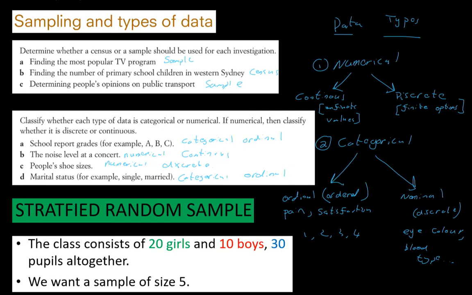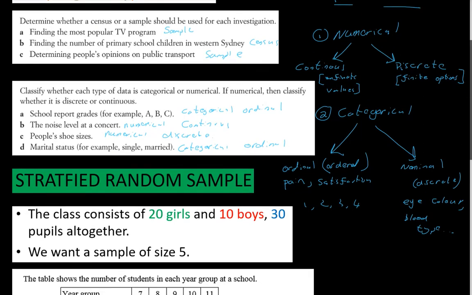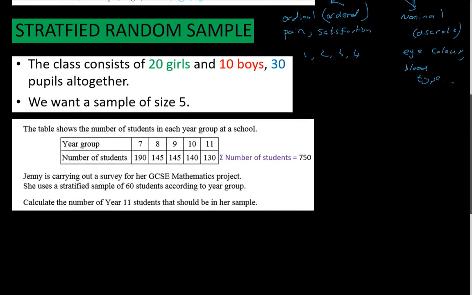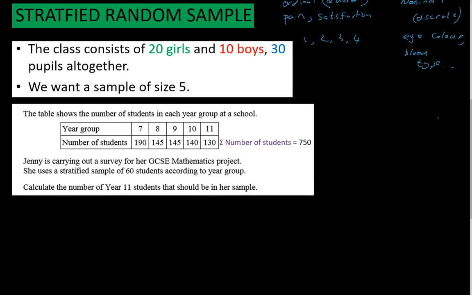Okay, so let's have a look at some of the other questions. Stratified sample. The class consists of 20 girls, 10 boys, 30 pupils altogether. We want a sample of 5. So the total is 30.